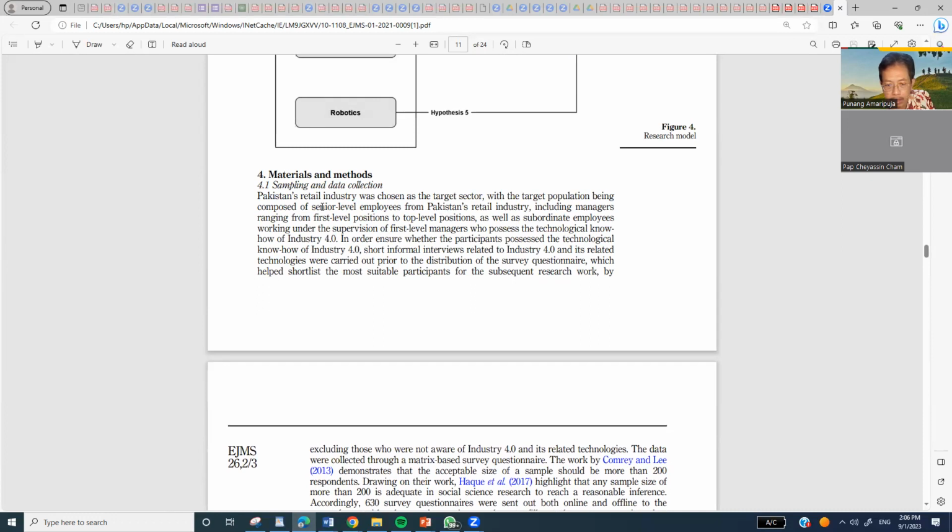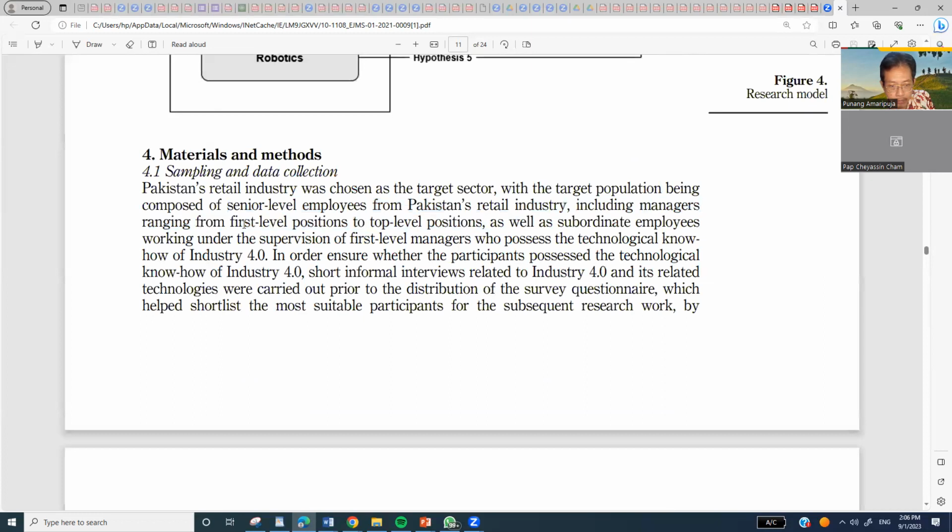The subject would be senior level employees from Pakistan's retail industries, including managers ranging from first level positions to top level positions. So I think this would be rather hard for you because you would have to find managers. If you give the questionnaires to managers, each of them would be representing a certain company, yes, they can fill the questionnaire.